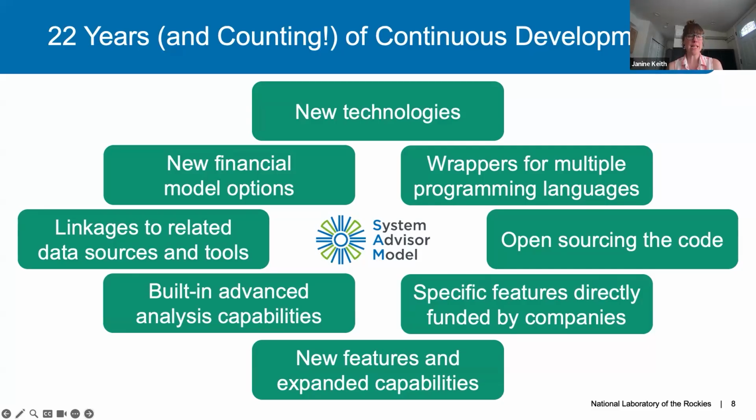And then more recently, it has also included open sourcing the code itself so that all of the underlying models can be viewed easily by the public, and wrappers for multiple programming languages so that the tool can be extended.